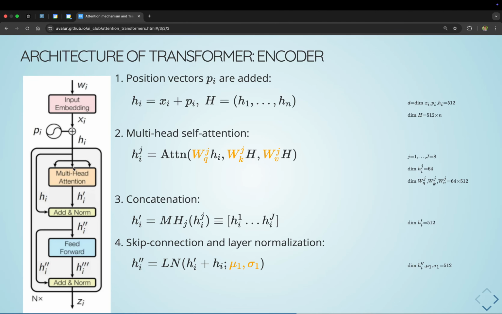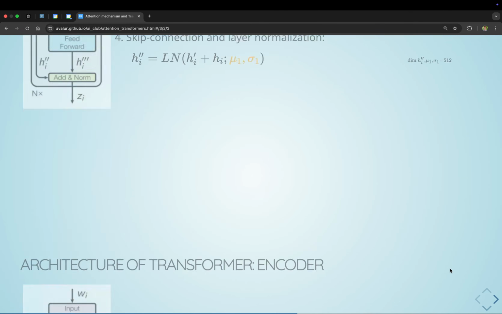So we want to have both hi and hi prime in the middle part of the encoder attention block. And then we perform so-called layer normalization. We will discuss it a bit later. This is normalization of vectors, and the result is h double prime with the same dimension 512.